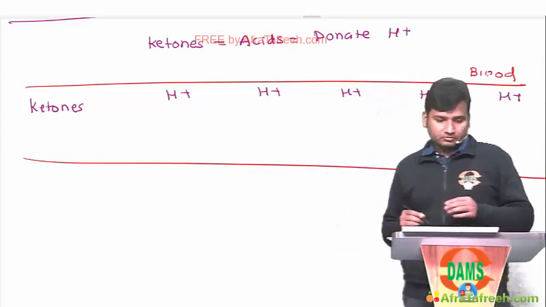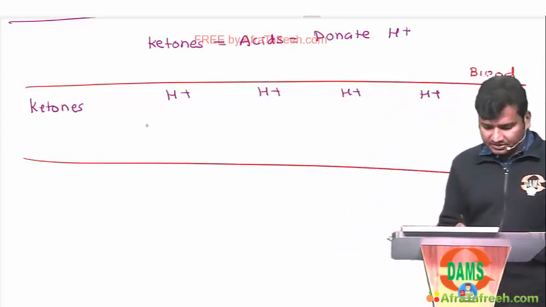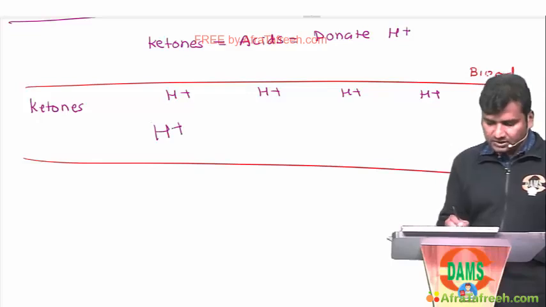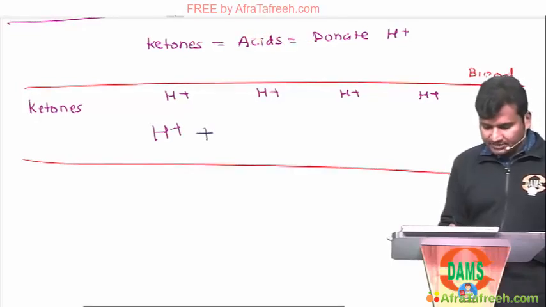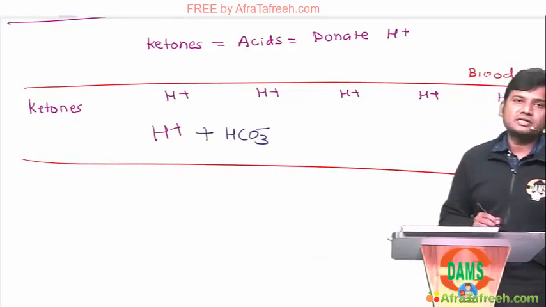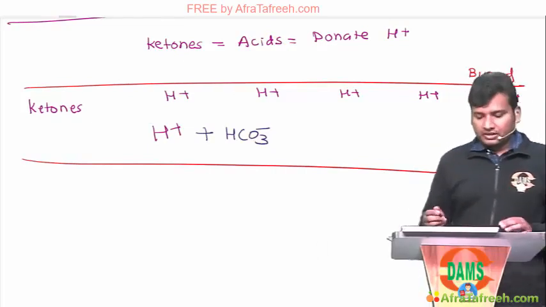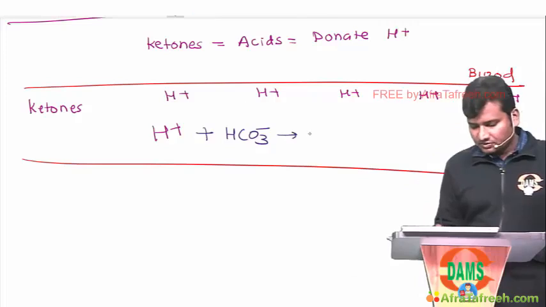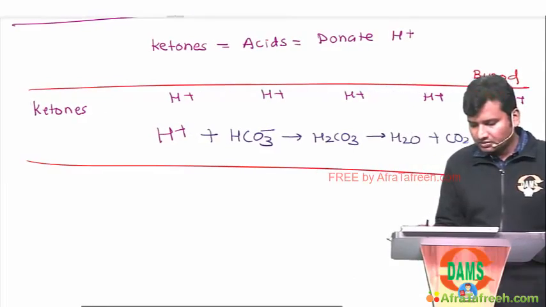So these H plus ions which are coming from ketones will be neutralized by bicarbs, which is naturally present in our blood. H plus will combine with HCO3 minus, it will form H2CO3. It will be converted to H2O and CO2.